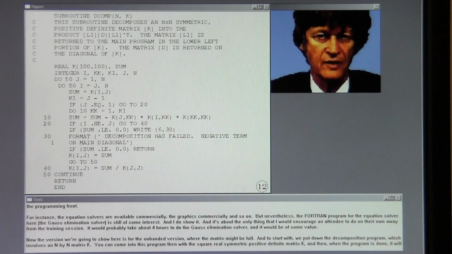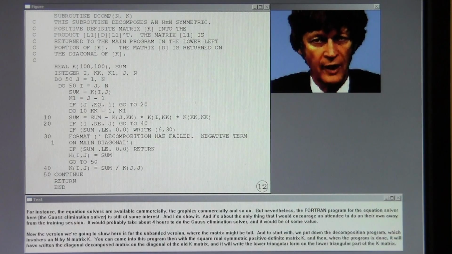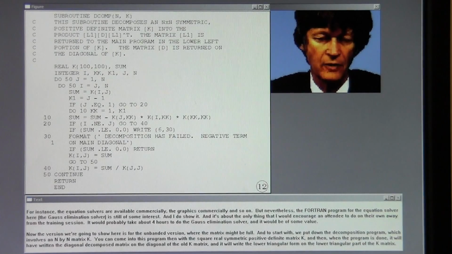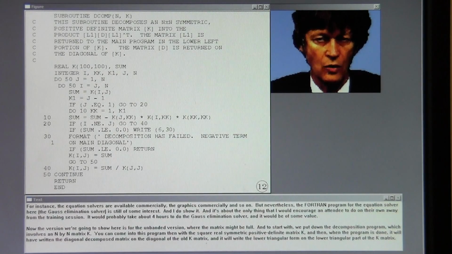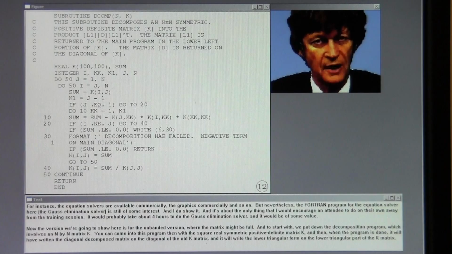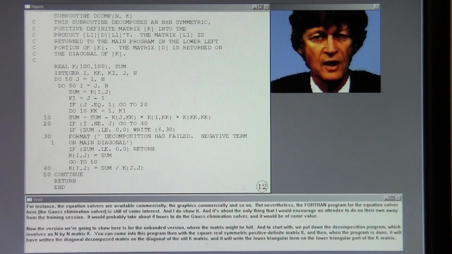But nevertheless, the Fortran program for the equation solver here, the Gauss elimination solver, is still of some interest, and I do show it. And it's about the only thing that I would encourage an attendee to do on their own away from the training session. It would probably take about 4 hours to do the Gauss elimination solver, and it would be of some value.